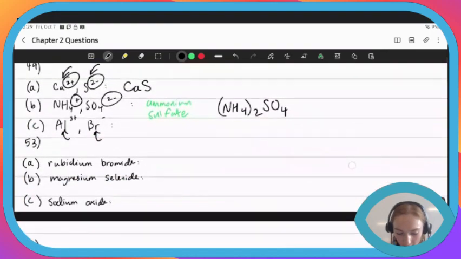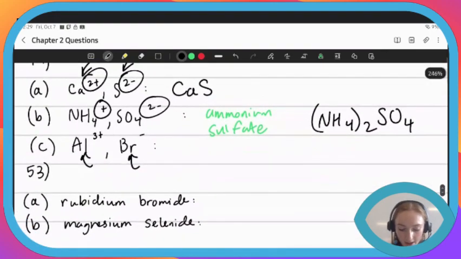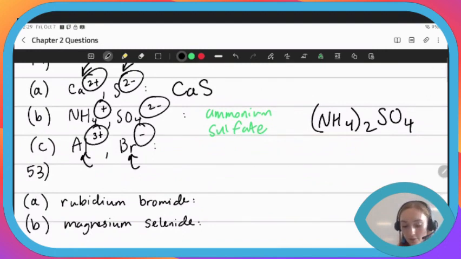So let's see what that would look like as the formula. Since this has 3 plus and this is a minus, we need 3 of the bromines to neutralize the aluminum, so we can have an equal amount of taking and giving. So we have aluminum Br3, and that's what that would look like.